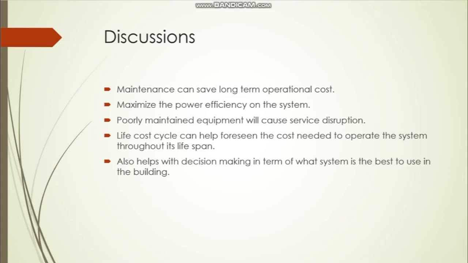Some buildings require centralized aircon. Some buildings require split aircon. Some need VAV. The decision making, besides life cycle cost, depends on how people use the building and how many machines are involved. If the machines are many, we need to put in more air conditioning to prevent the machines from overheating.